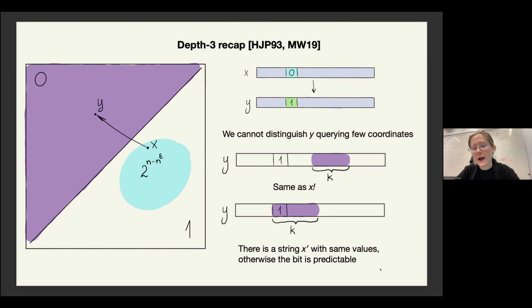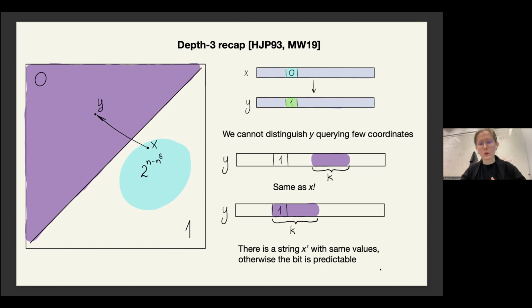But suppose we're asking also the flipped bit, which is different from X. But we knew that this bit is unpredictable in X, and what this means is that if I'm looking at any part of X, which is small enough and doesn't intersect with this bit, I will be able to see the same values that I'm querying and also the other value of the bit in this light blue set.